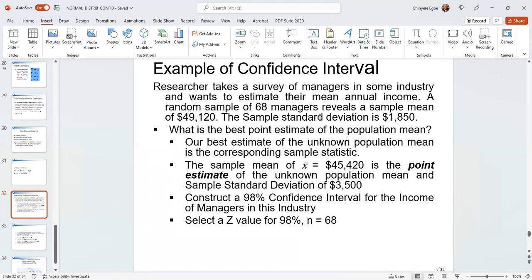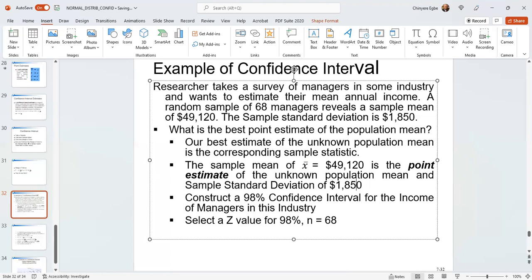I'm going to change this. The sample mean is 49,120, and the sample standard deviation is 1,850.